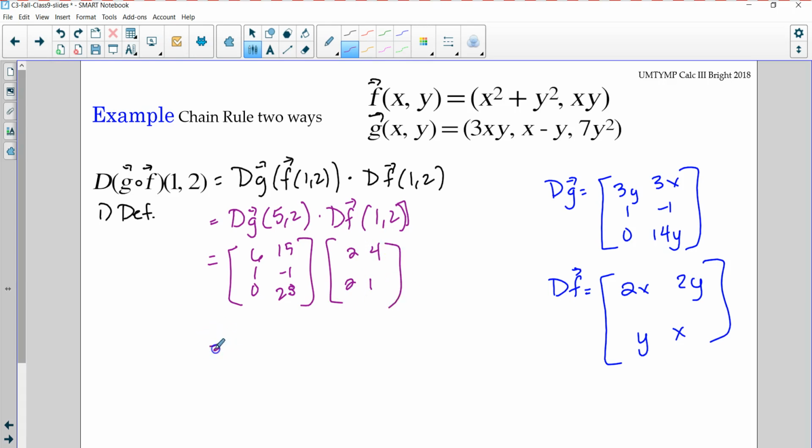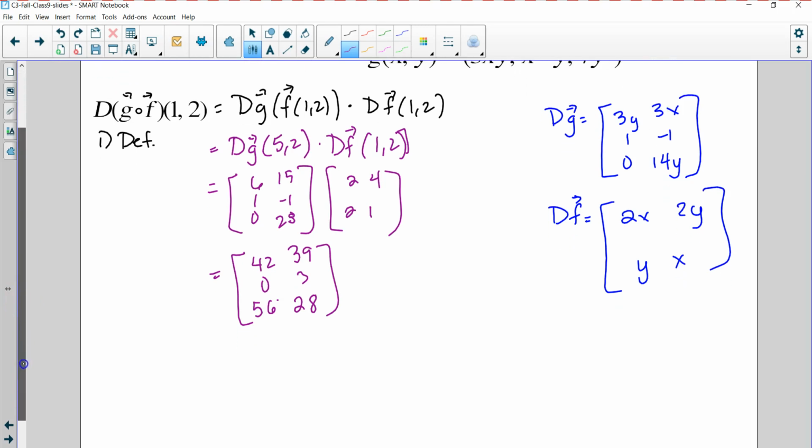And then multiplying it all together, I end up with 42, 0, 56, 6, 39, 3, and 28. So that would be my final answer. Again, I skipped a lot of the algebra and the computation. So this is going to be fine. That's one way, just using the definition.